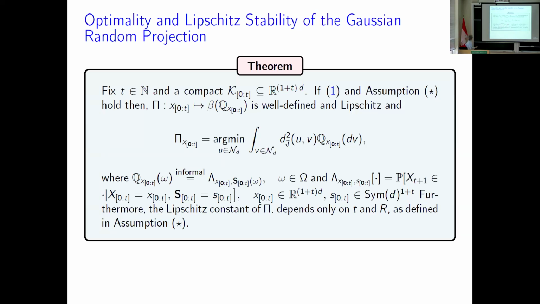Informally, we plug the randomness of the stochastic factor in here, okay? And the Lipschitz constant of this function depends only on T and on the constant R that defines the boundedness of our stochastic factor. So it is precisely at this point that we need the strong assumption, the boundedness of the stochastic factor.